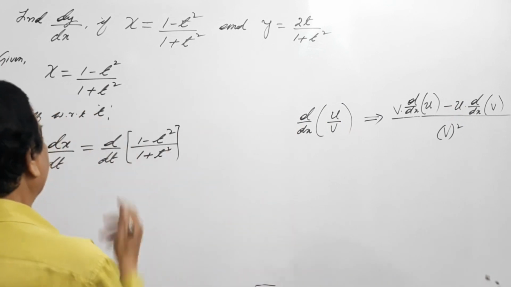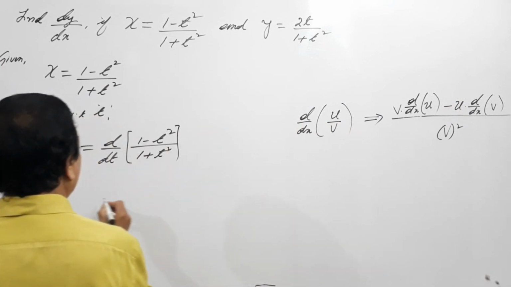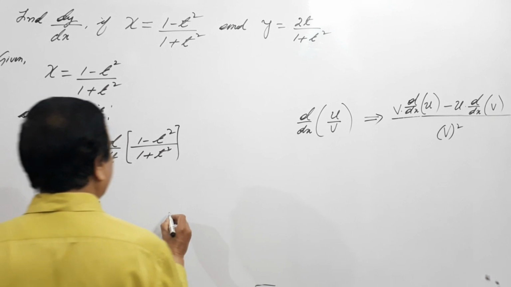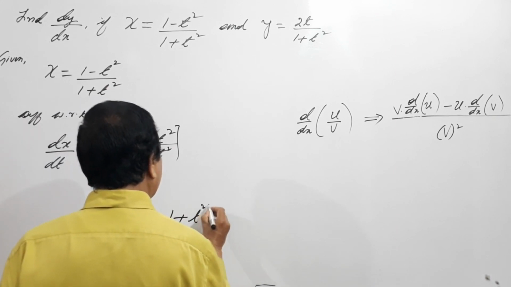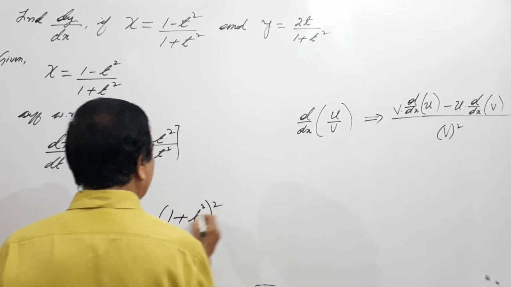Okay, dear students, I'll take this. What I'll do? This is equal to denominator squared, 1 plus t square the whole square.